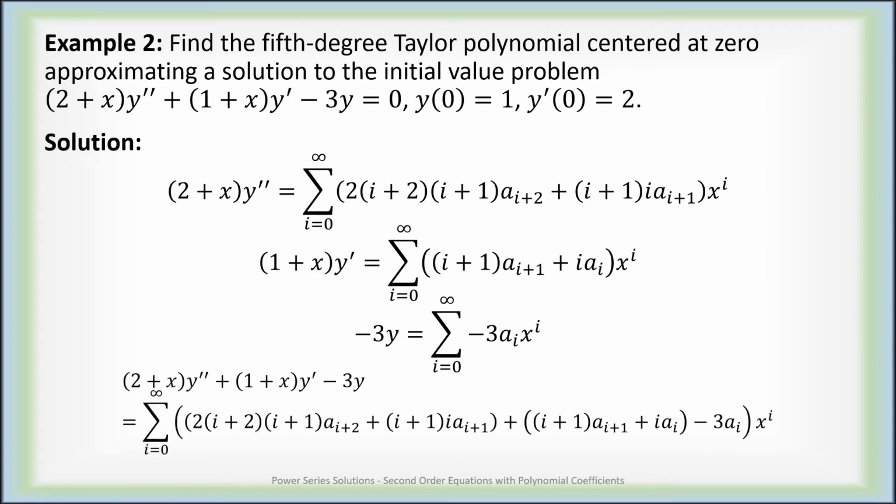So for our differential equation, 2 plus x times y double prime plus 1 plus x times y prime minus 3y, preemptively factoring out the shared factor of x to the I from all of them, we have, here is what we had for 2 plus x times y double prime, plus 1 plus x times y prime, minus 3y. This plus this, and then add that one in as well. So we have a big, large expression times x to the I.